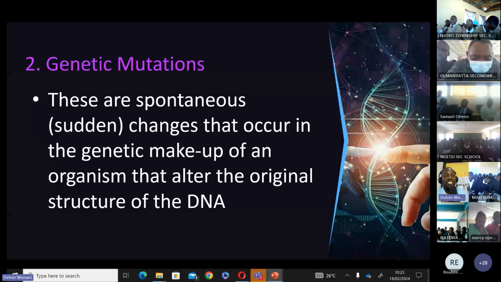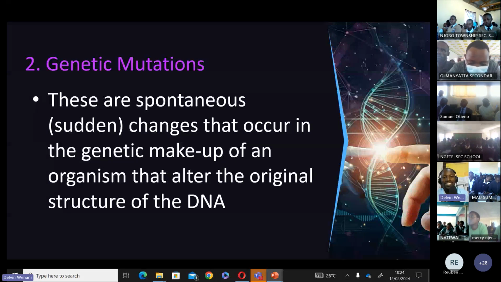There are changes that occur in the genetic makeup of an individual, and you cannot tell where they came from. We have heard of cancer just starting. Somebody develops something like pimples, and later on it becomes cancerous. Why? Because the cells have genetically changed suddenly.